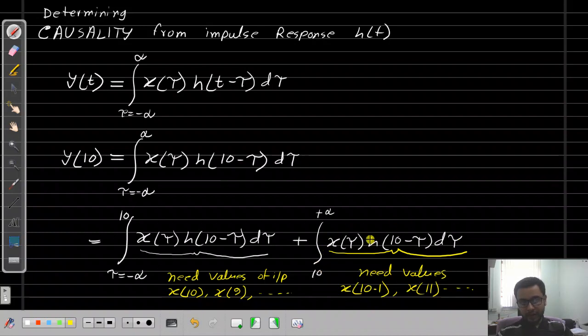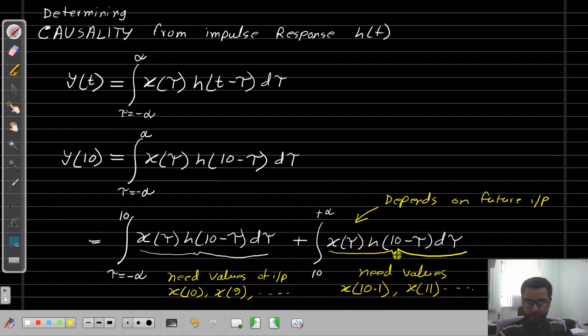Therefore, this part depends on future input after time t. We are calculating output for time 10, but it requires input after time 10. Okay, so this part can make the system non-causal.